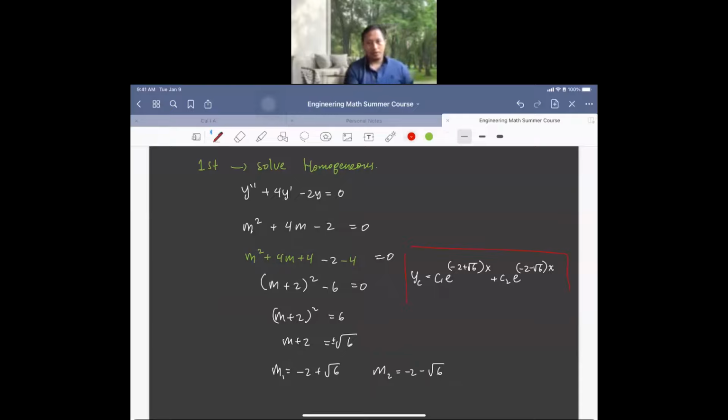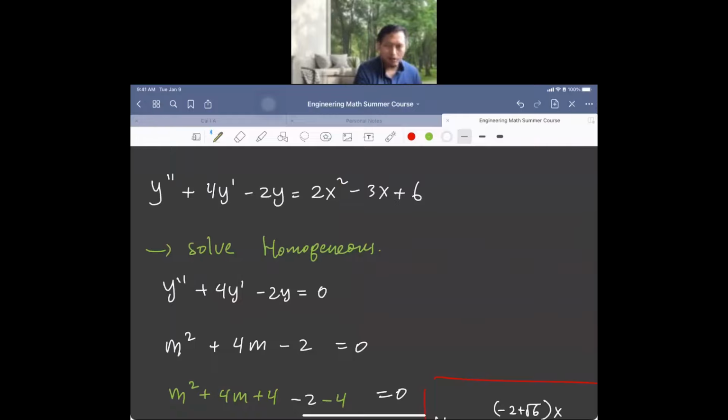Okay, that's our homogeneous solution. Let me mark this. Now for the particular solution, we see the right side is a polynomial of degree 2.